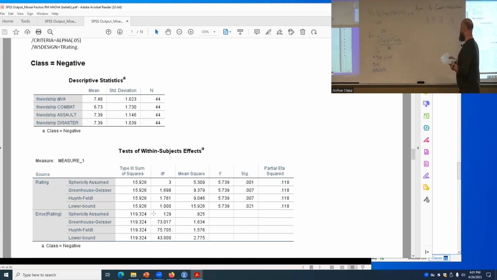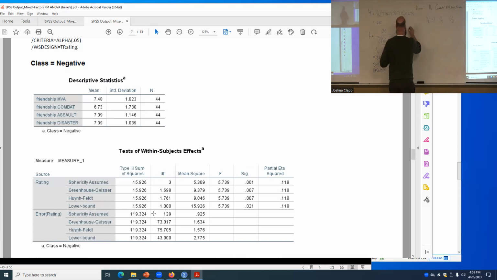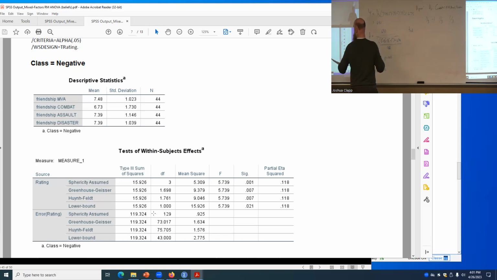Okay. So I know here that my T critical for 73 degrees of freedom.